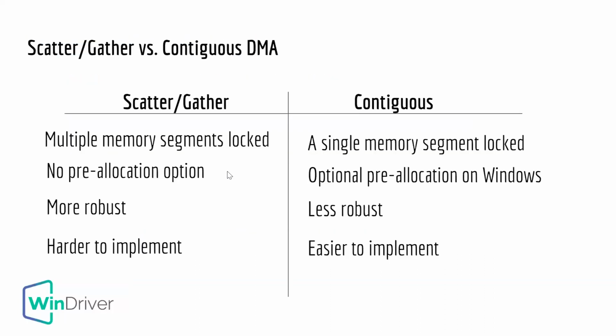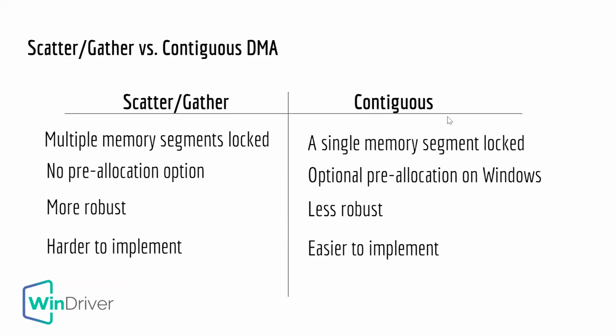Now let's talk about scatter-gather and contiguous DMA. We talked about scatter-gather, which means scattered memory segments allocated and locked and utilized for the DMA. Okay, so we have multiple memory segments, and here we have a single memory segment locked.